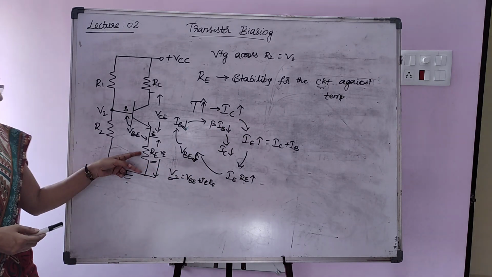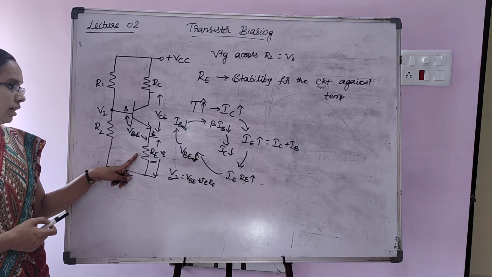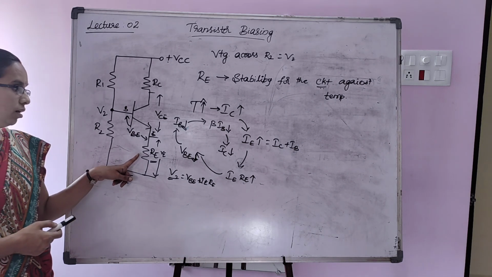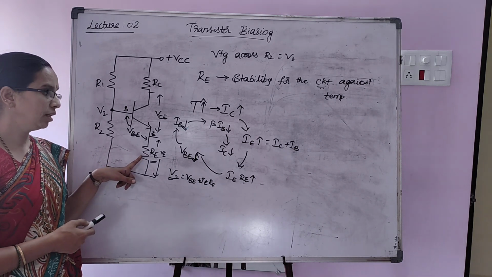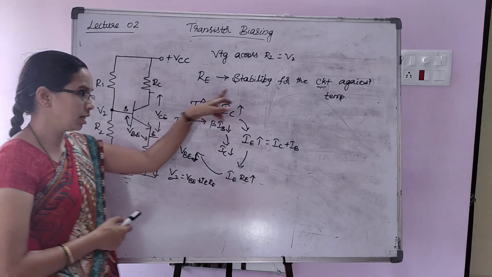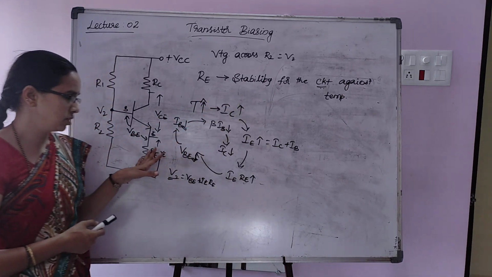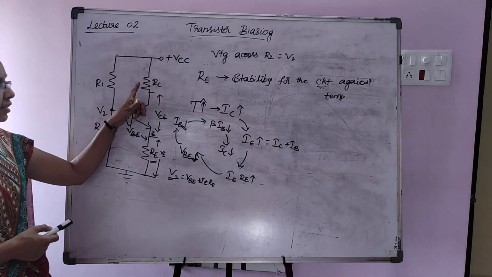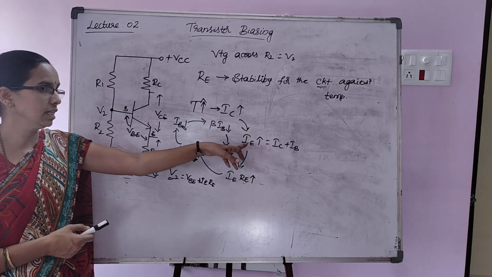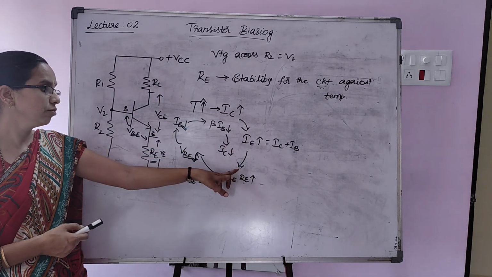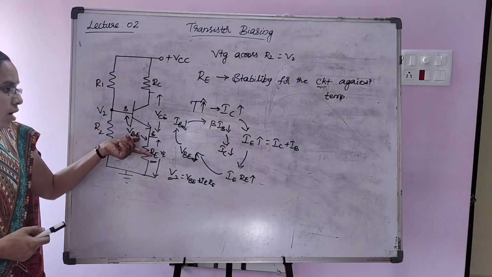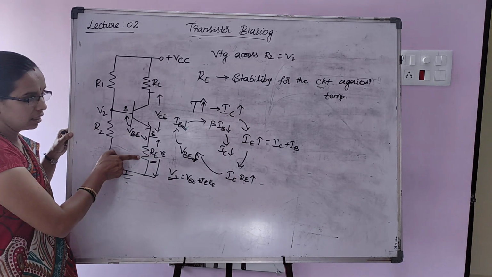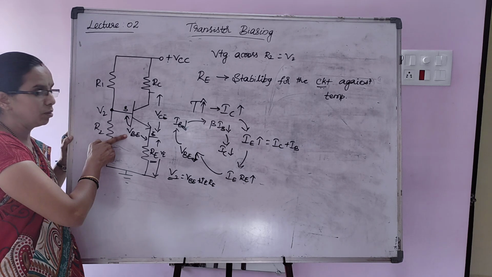So RE is a new resistor connected to the emitter terminal, which gives stability for the circuit against temperature. How? When temperature increases, IC increases. If IC increases, IE also increases. If IE increases, the voltage drop across IE RE increases, which in turn decreases VBE.